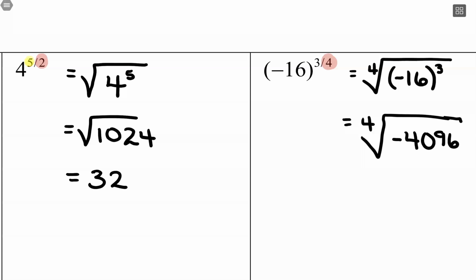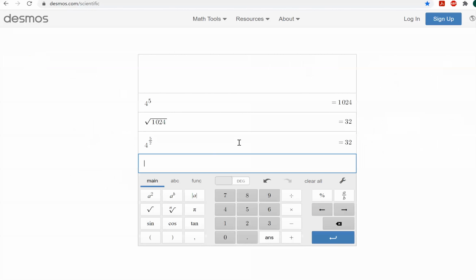And let's see what happens when we plug this into the calculator on Desmos. For the fourth root, there's this n with a root symbol, so we'll plug that in, and then you'll type in 4, and then plugging in here, negative 4,096, and you can see it says undefined, and that's correct.